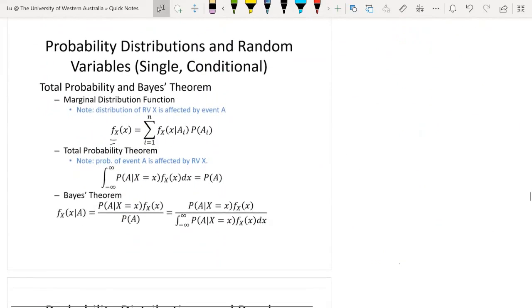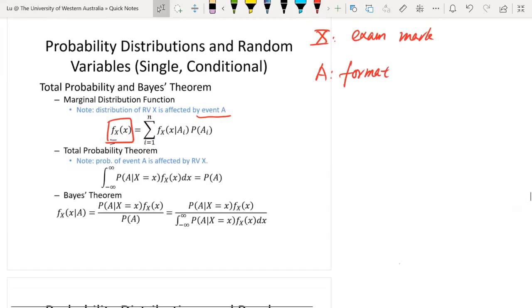In this slide, we are going to study another three concepts. First one, marginal distribution function. In this function here, we want to evaluate what is the PDF of the random variable X. But the tricky point for this concept is we have the event A, which can affect the random variable capital X. This is the exam, and A is just the format.